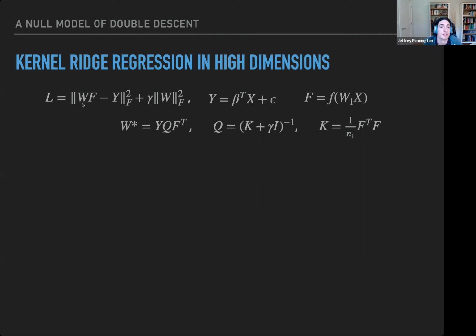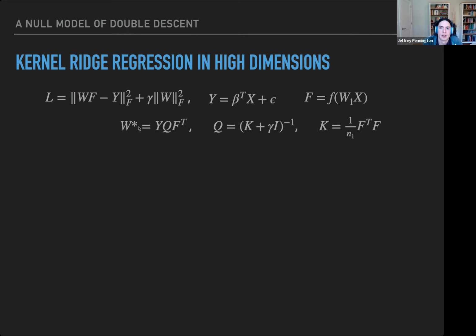The only trainable parameters are W. L is quadratic in W. There's a solution, W star, which is given in the standard way through this resolvent matrix Q. The resolvent is of this kernel matrix K, which is F transpose F. And the regularization parameter in the loss, gamma, plays the role of the spectral argument.